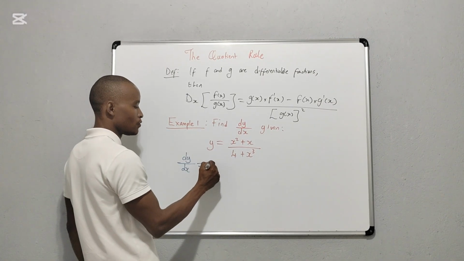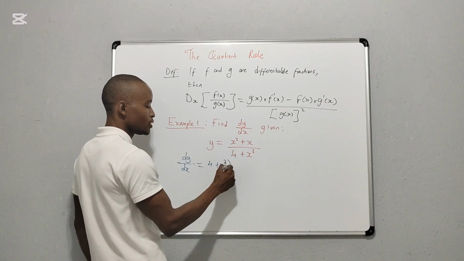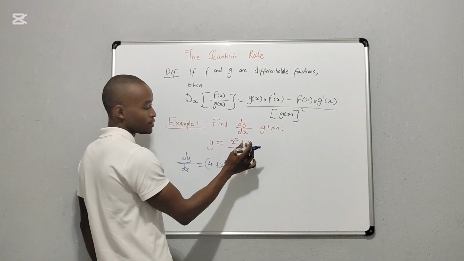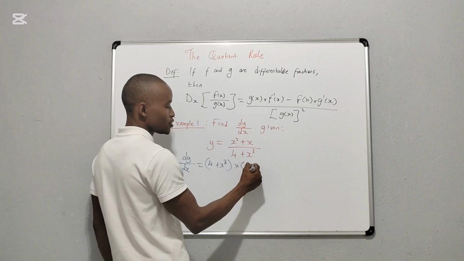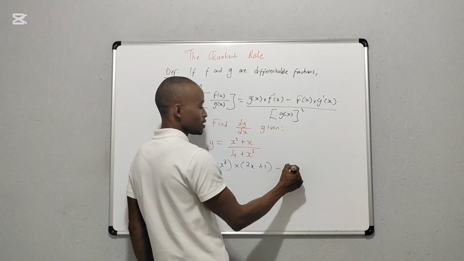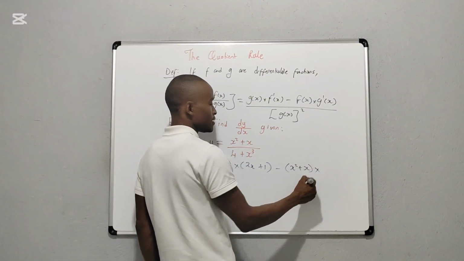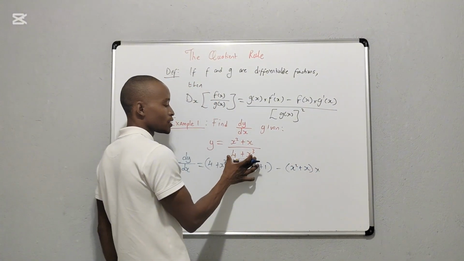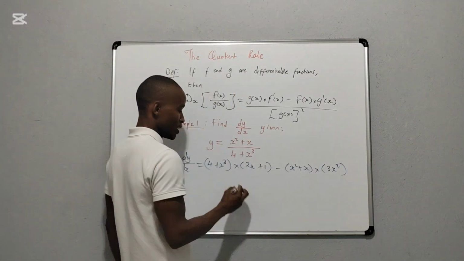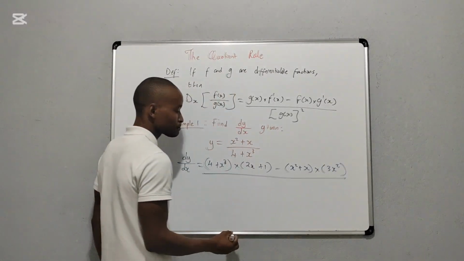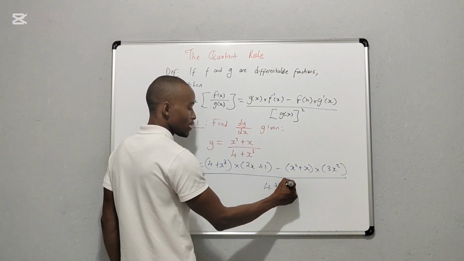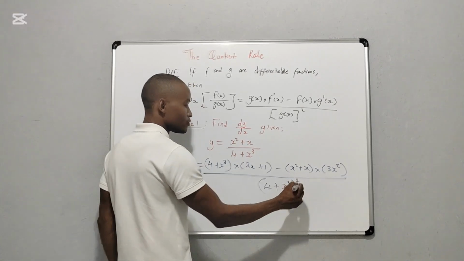So we go 4 plus x cubed times the derivative of our numerator, which will be 2x plus 1, minus, keep our numerator, x squared plus x times the derivative now of our denominator, which will just be 3x squared, over the square of our denominator, 4 plus x cubed to the power of 2.